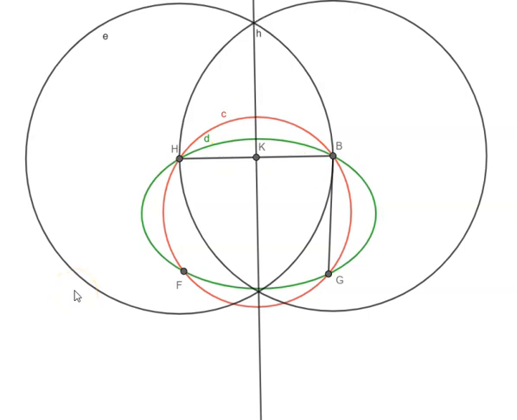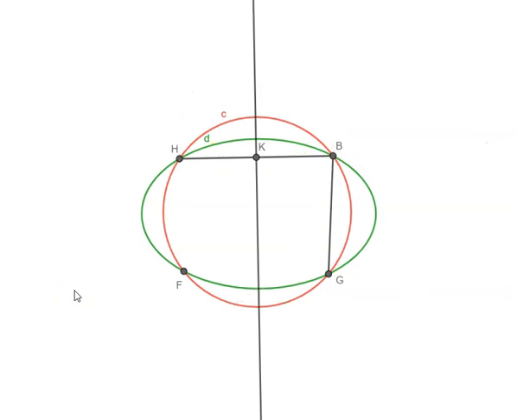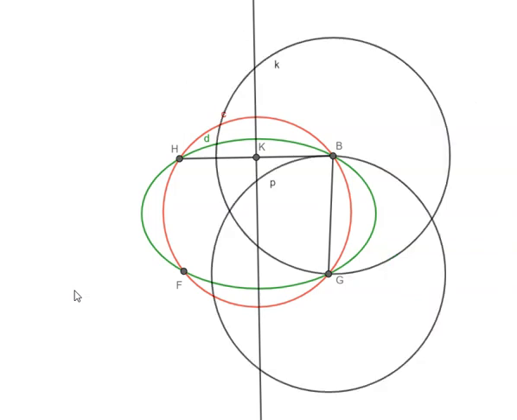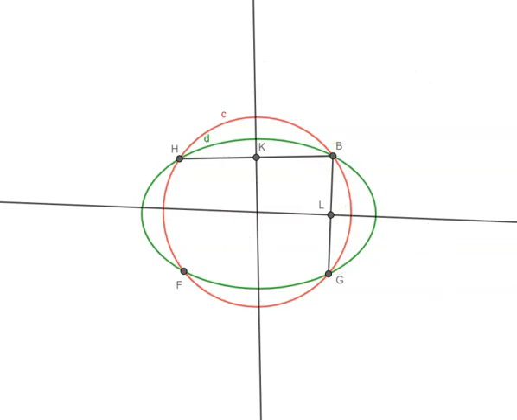So now that we have got that, let's hide this. Similarly, we are going to bisect BG. So again, circle, circle, intersect, intersect, line, and intersect. So L is the midpoint of BG. So let's again hide all this. Now let's mark the other points of intersection between this line and these two circles.